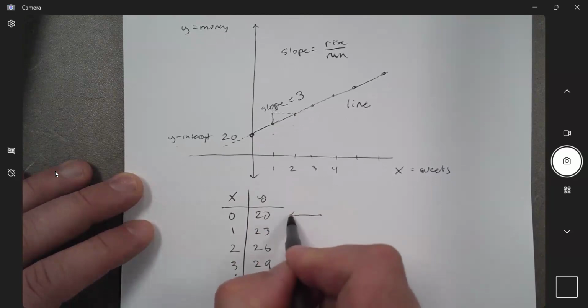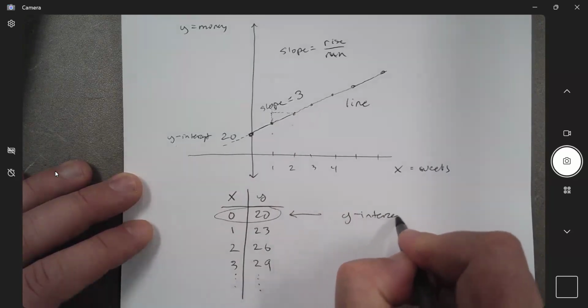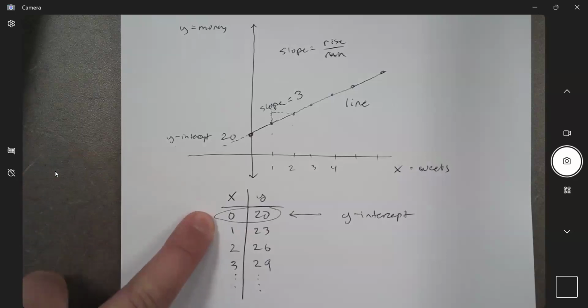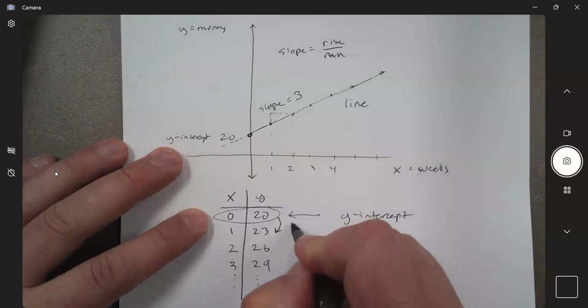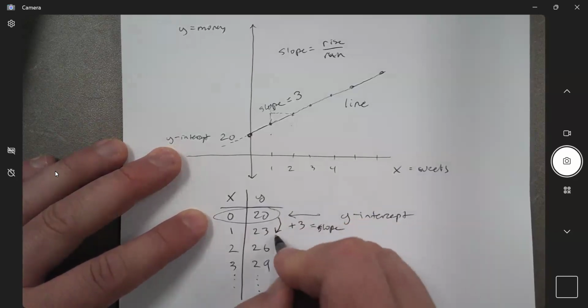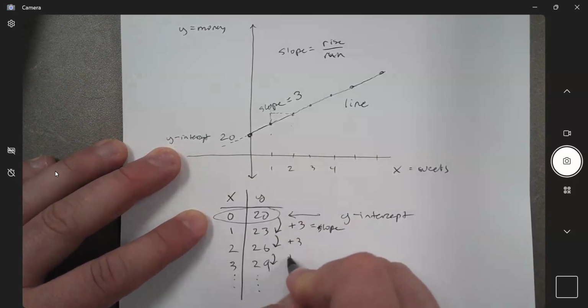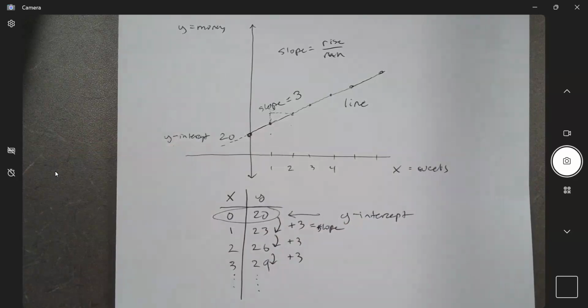You can find the y-intercept by looking where the x value is 0. And you can find the slope by looking how much you add each time you increase x by 1. So all 4 of these representations can show you exactly how a linear function works. Sometimes one's going to be more useful than the other.